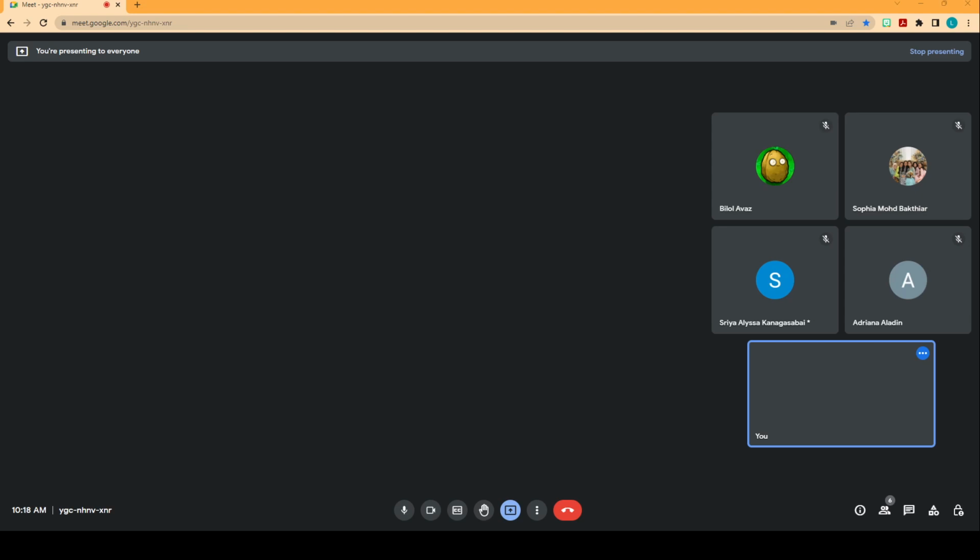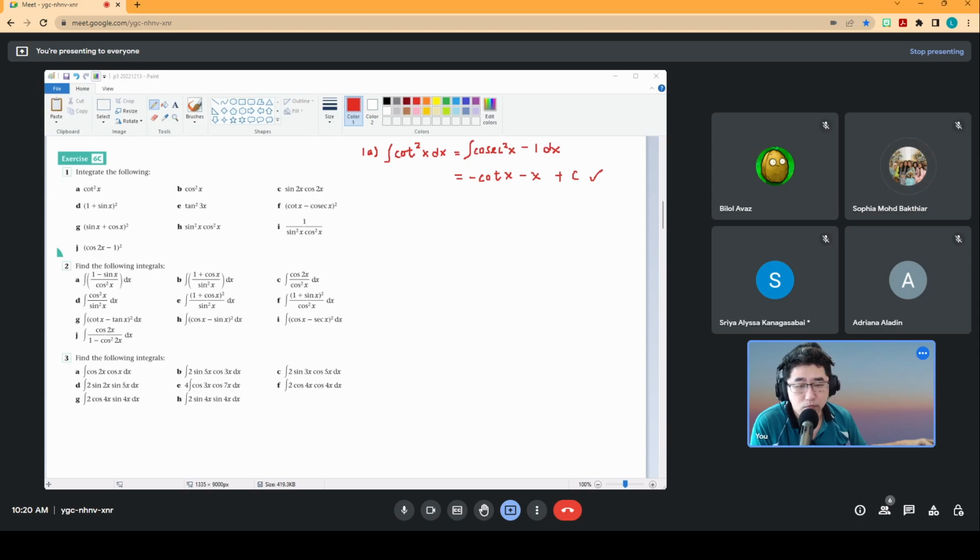If students get familiar with the trigo rules, then they are aware that cotangent square can be rewritten in this form. So over here, we can write the answer as negative cotangent x minus x plus c. Done. Any questions? Are you okay? Can follow? Yes. Okay, good.